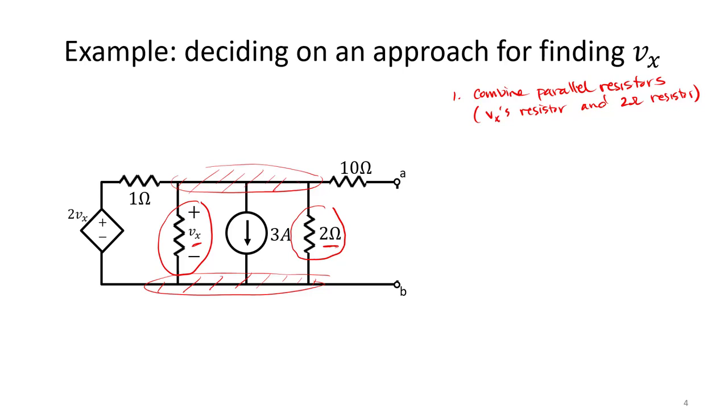So there is a supermesh due to the 3 amp current source. Before we jump in and start solving that supermesh, let's check the rest of our strategies.